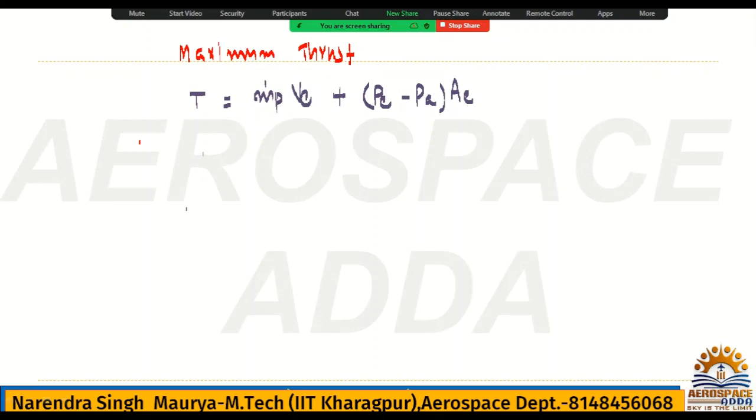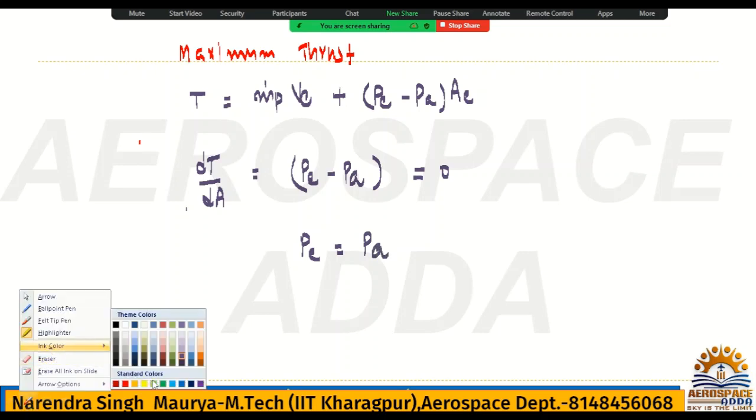So for maximum, just differentiate with respect to area. We will have dT by dA, so you will have PE minus PA only, and for maximum it will be 0. This is the condition for maximum. So what is the result you got? PE is equal to PA. When PE is equal to PA, then thrust will be maximum.